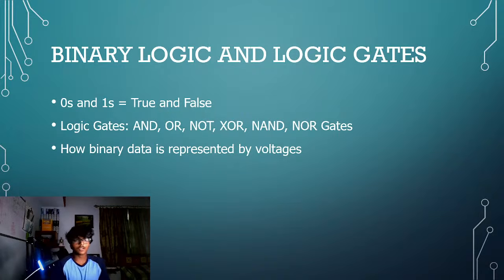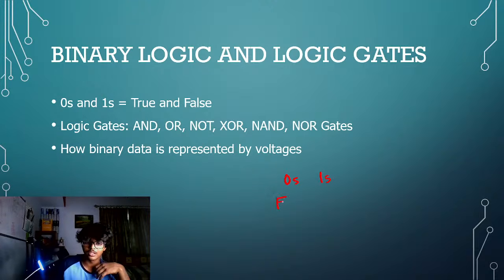Okay. First we're gonna talk about binary logic and logic gates. I'm sure most of you have at least come across the idea of how we use zeros and ones as an equivalent for true and false. False and true. It's the other way around. Okay.